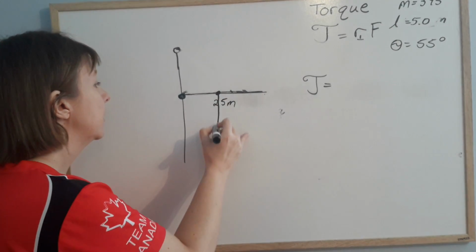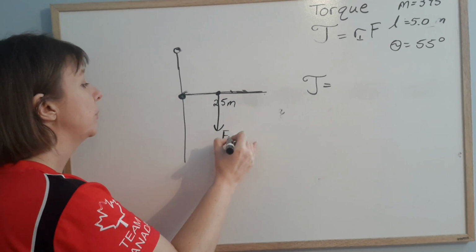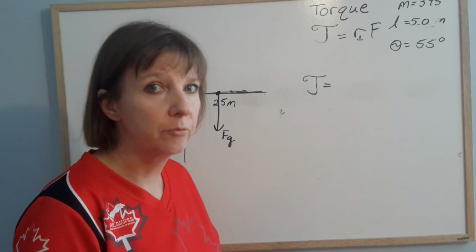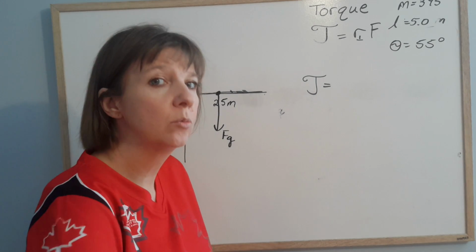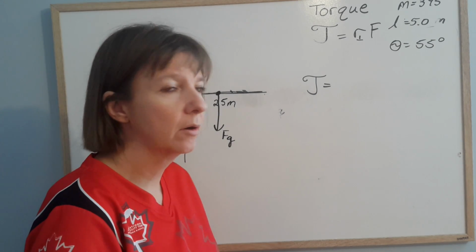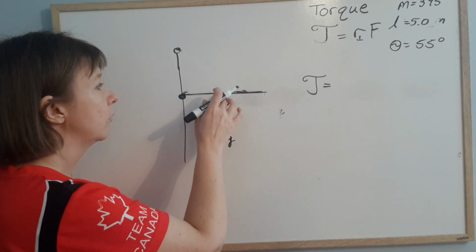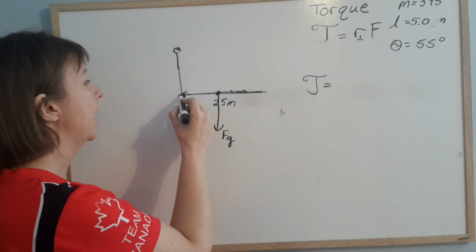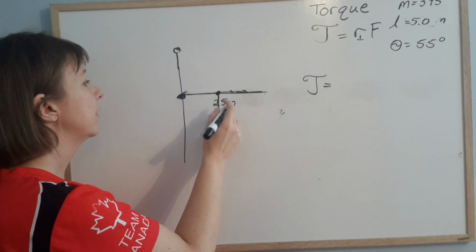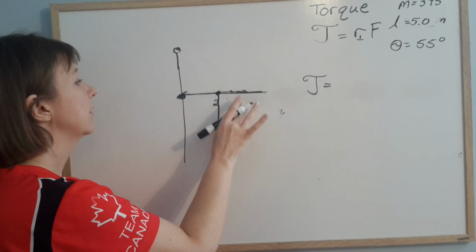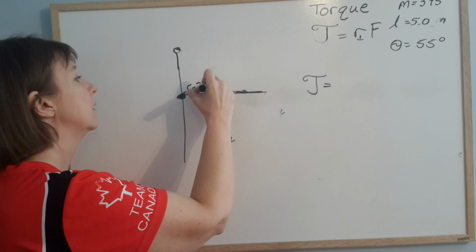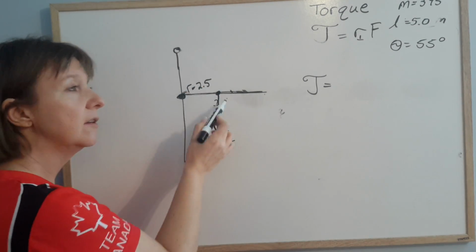We actually assume that gravity is pulling on the center of mass. That's where we assume the gravity is working. So if gravity is working right here, that's where the force is happening. The pivot point is here. That means that the R is 2.5 because of the distance.